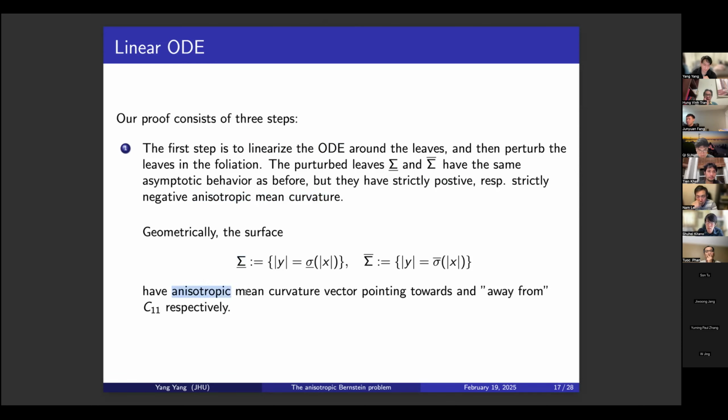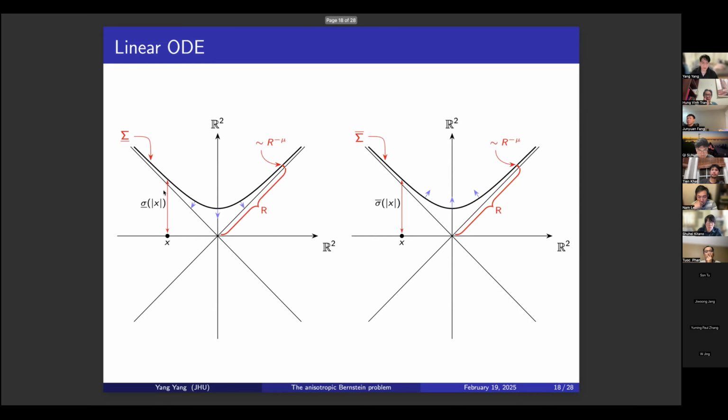They will have anisotropic mean curvature pointing towards or away from the C11 cone. I think it will be intuitive to look at this picture. We perturb this foliation so that it has positive and negative anisotropic mean curvature, and it keeps the same approach rate at infinity, still r to the minus mu. This is important.